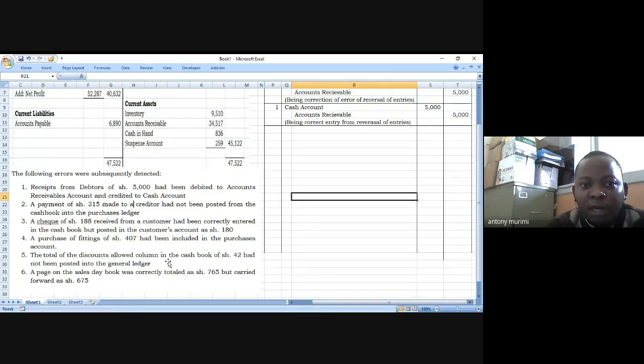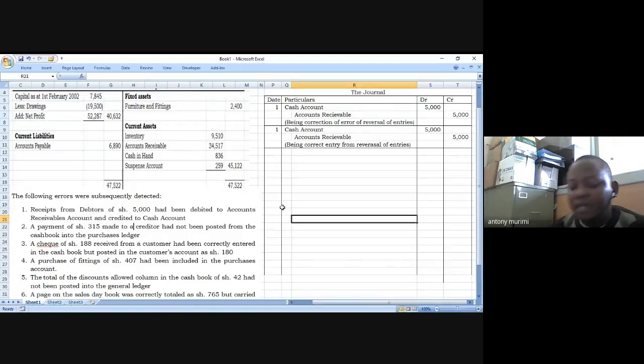So you're not told about the creditor's account, so we assume that the creditor's account is correct. The only problem here is in the purchases account. So this transaction was not entered in the purchases account. And since no mention has been made on how the entry was made in the creditor's account, we assume that the creditor's account is okay. It was debited.